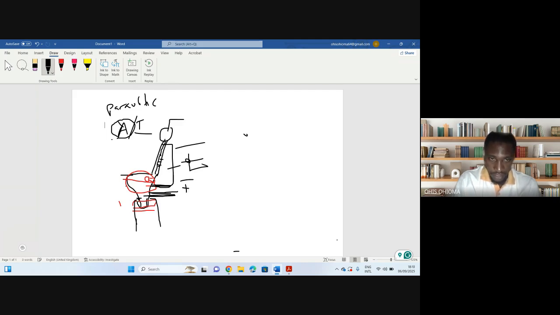And from this part to the lower part of the proximal vagina, I label it as an I, which is inguinal.